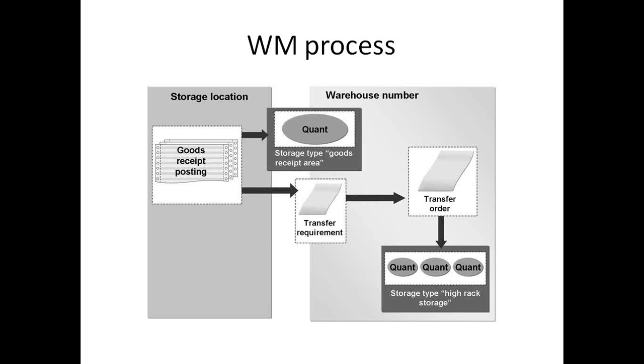And the transfer order is a document. See, as we know in MM, if you want to move stock to some area, we need to do a transfer posting, right? And we have movement types to transfer the goods.